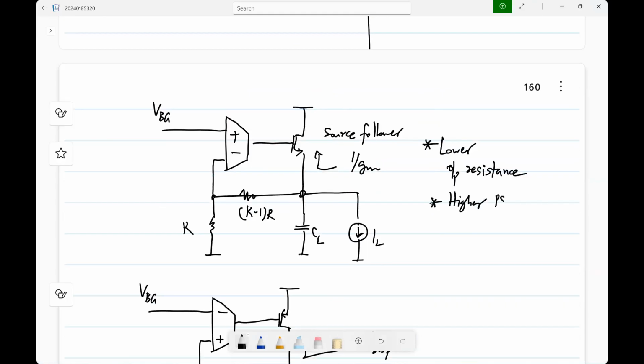It will have higher PSRR. Okay. What else might be the difference between the two? Yeah, so that is fine. I mean, we have to take care of that. You have to do what you have to do for that one.